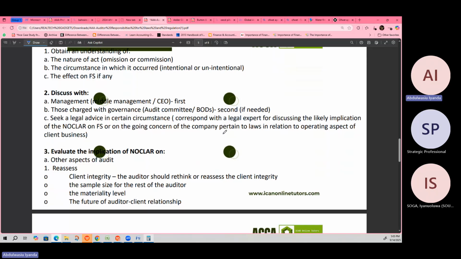So as the auditor, discuss with the management, discuss with their board, you can even take some legal advice outside. My client is Southwestern Water, and Ofwat asked them to pay this amount. What am I going to do? Is there a chance? So you can give it to an external legal advisor.